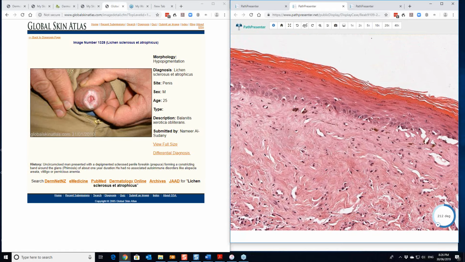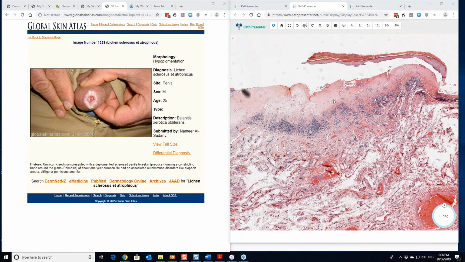Let's see if we can get another case. This one's again showing, there's the epidermis here. This one's showing a bit of blistering here. There's all that thick collagen that we were looking at. And there's that lymphocytic infiltrate deeper down in the dermis with that overlying thick layer of collagen.